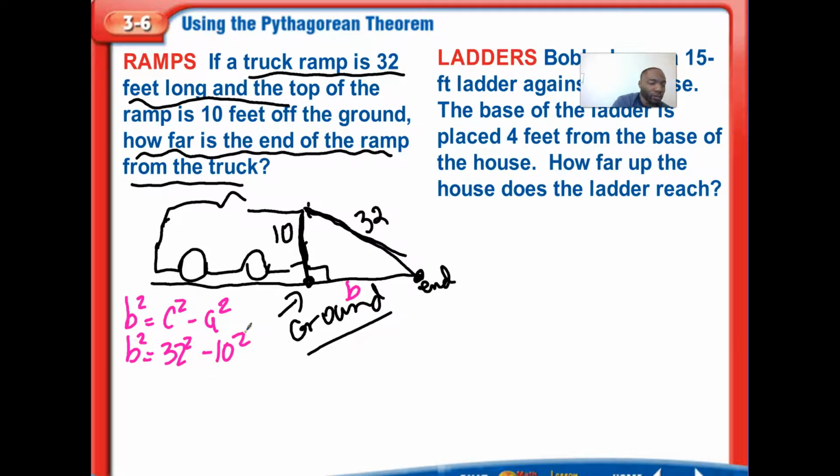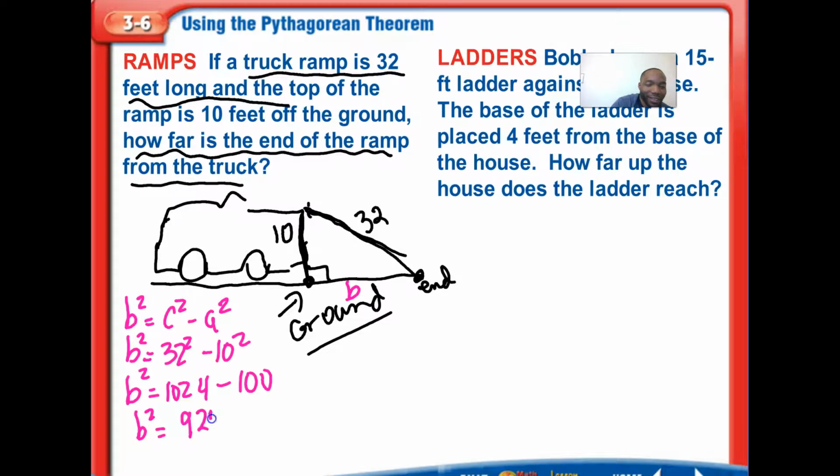So what is 32 squared? 32 squared is 1024 minus 100. And then 100 from 1024 is going to give you 924.